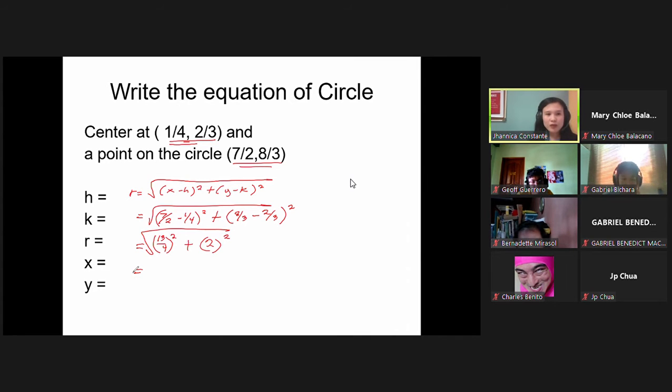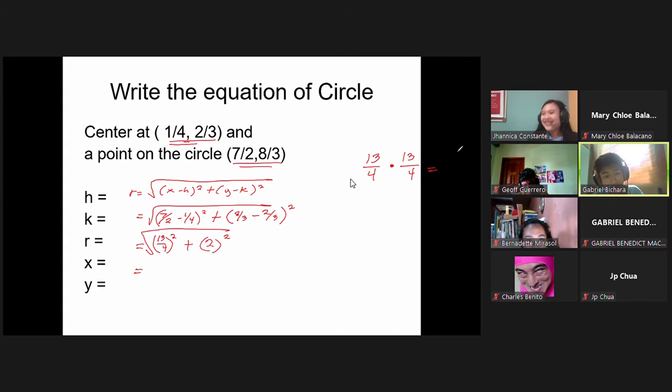So 13/4 squared is equal to what? 13/4 multiplied by 13/4 is equal to 169/16.